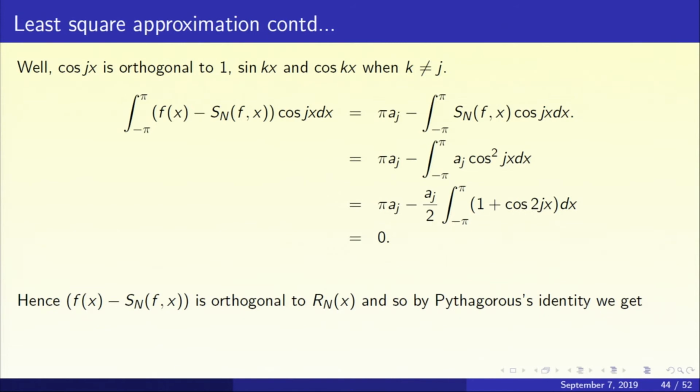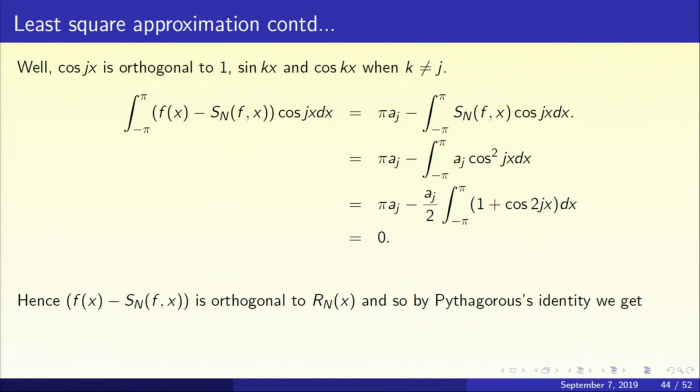The integral from minus pi to pi of Sn f(x) cos jx. Now, Sn f(x) is a linear combination of sines and cosines, and cos jx is orthogonal to everything other than itself. So the only term that will survive in the second integral will be the aj cos jx term. You will get in all the integral from minus pi to pi of aj cos squared jx. The cos squared jx has to be written as 1/2 of 1 plus cos 2jx. That's what I had done in the slide.